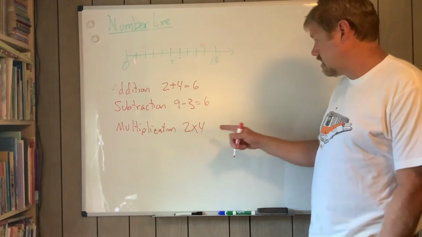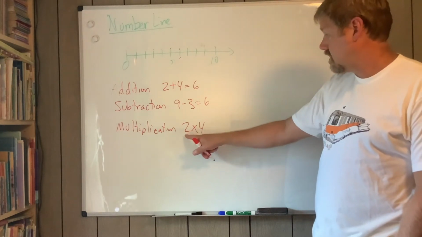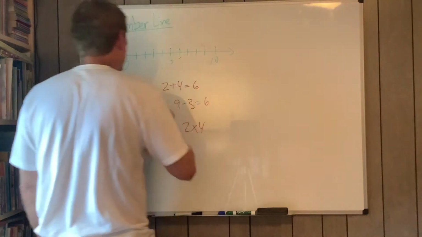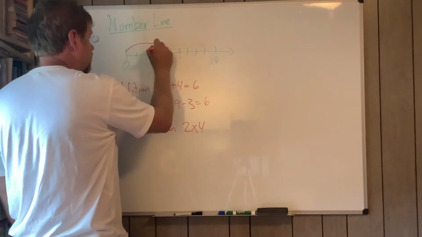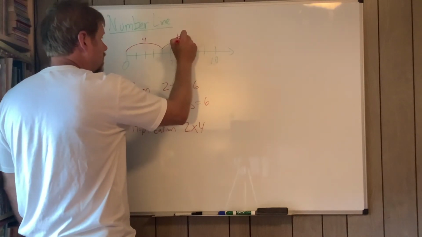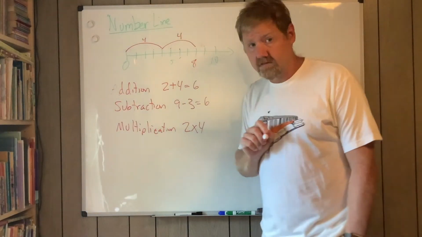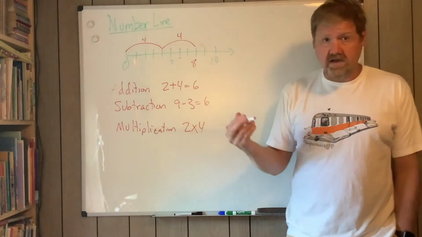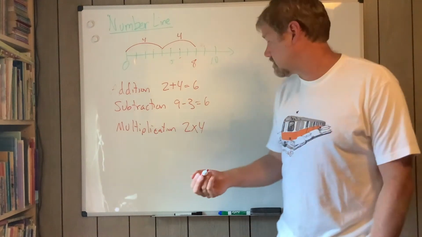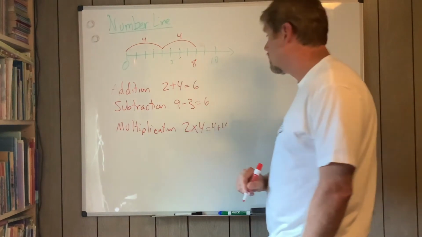And again, you can think about this in 2 different ways. 2 hops of size 4, we're going to start at 0. Right, here's a hop of 4, and another hop of 4, which arrives at 8, right? And this is basically, again, the definition of multiplication, right? Repeated addition. Right, so what we just did there was 4 plus 4, right?